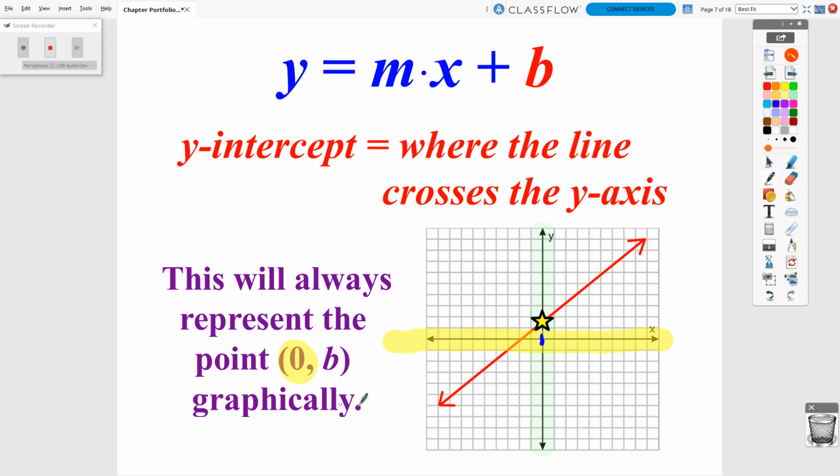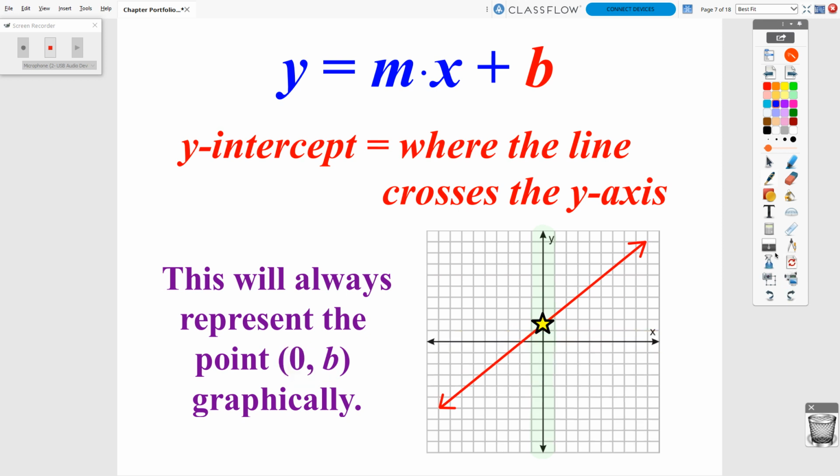But our point is either going to go up b, which it does in this case, or if b was a negative value, then we would go down on the y-axis. So the y-intercept is specifically a point, 0, whatever the y-intercept is. And again, that could be a positive or a negative value.